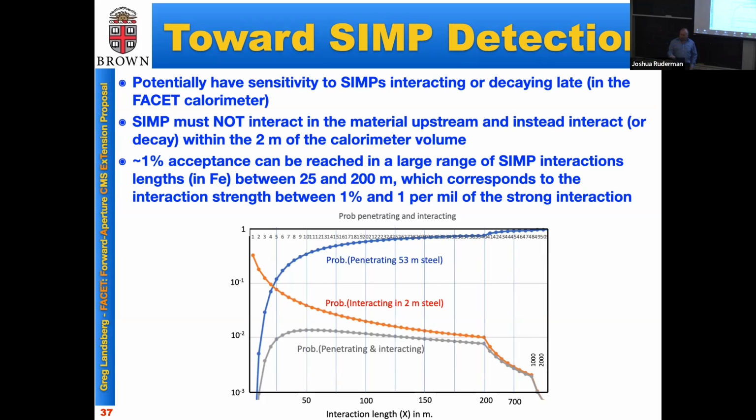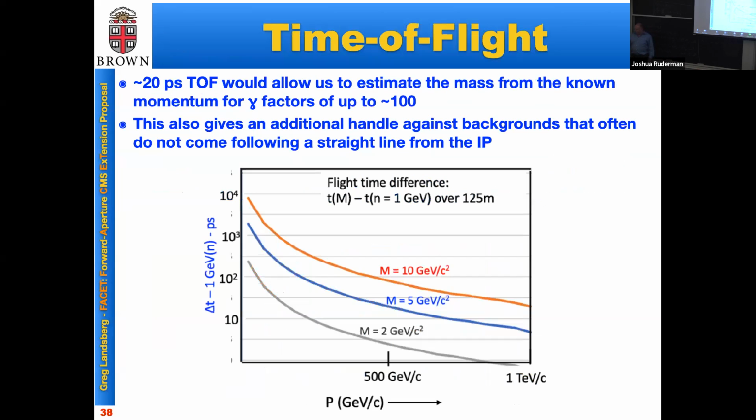So you want them not to interact with the shielding before, but still have enough events which interact in the calorimeter. If you multiply the two, you get more or less flat efficiency of the order of 1% over rather large ranges of interaction lengths of these particles expressed in meters. That's just the strength of the interaction of the SIMPs. We haven't done detailed simulation, but the idea is that with about 1% acceptance, we would be sensitive to SIMPs if we somehow manage to uncover these decays without the background.